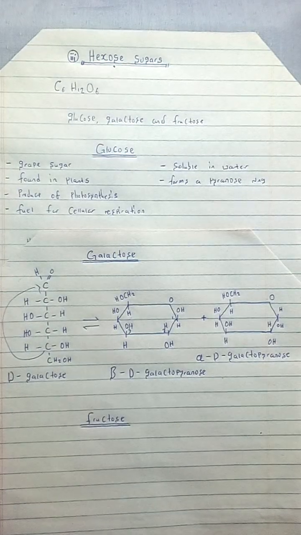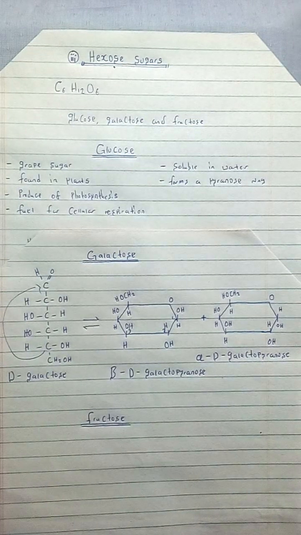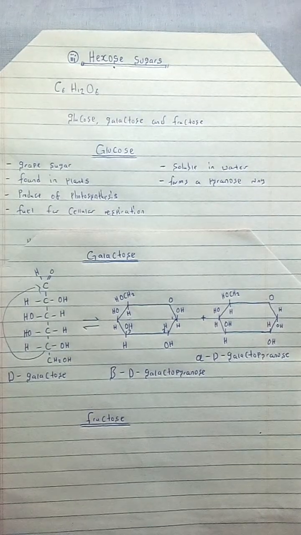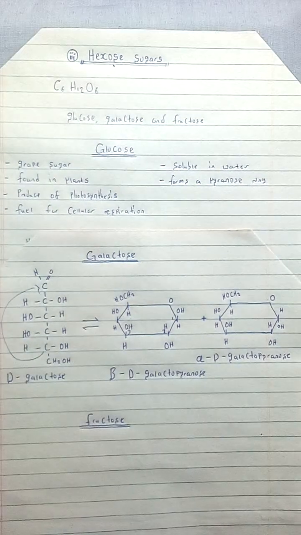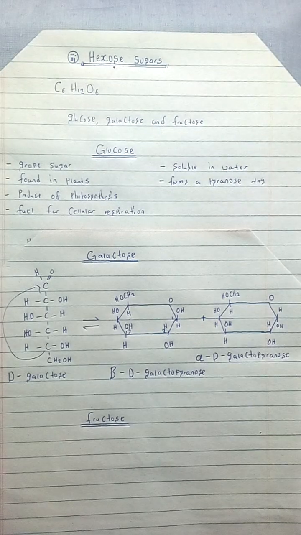What we need to take note of is that unlike glucose and galactose, the open chain of fructose is a ketone, or a ketose, whose carbon 2 combines with the OH group of carbon 5 to form a 5-membered furanose ring, unlike glucose and galactose, which form a 6-membered pyranose ring.